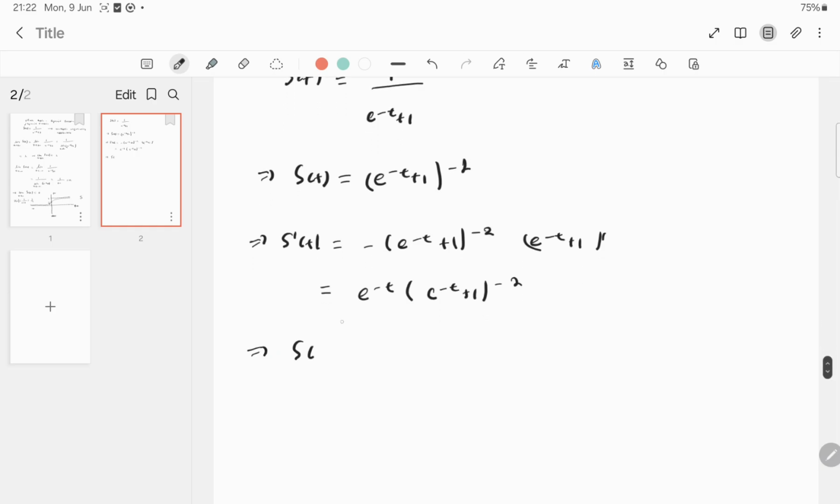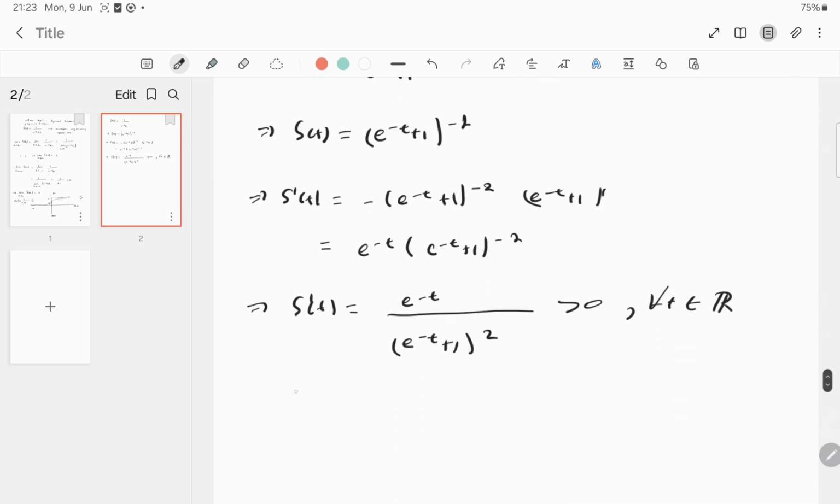My derivative s prime is e to the minus t over e to the minus t plus 1 squared, and this is strictly positive for every t belonging to R. We can see that the derivative is positive, so s is a monotonically increasing function for every t belonging to the set of real numbers.